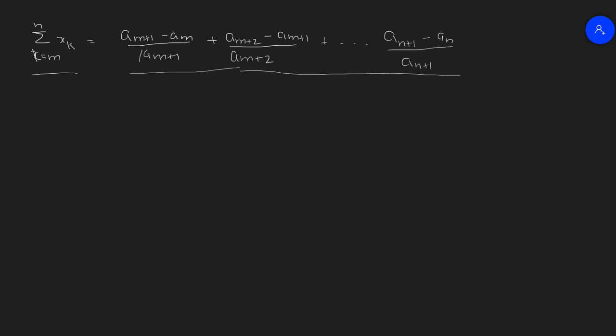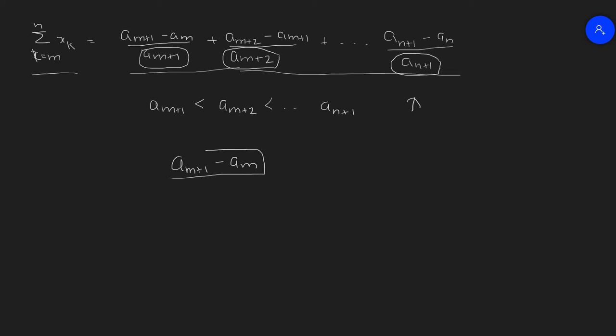What we know about the sequence a is that it is strictly increasing. So a_(m+1) is always less than a_(m+2), less than etc., less than a_(n+1). They are increasing. So for the first term, a_(m+1) minus a_m, since they are increasing, is a positive quantity, divided by a_(m+1), still a positive quantity.